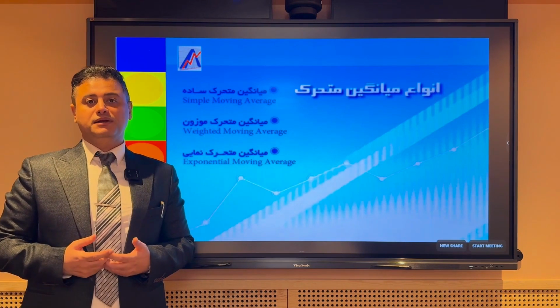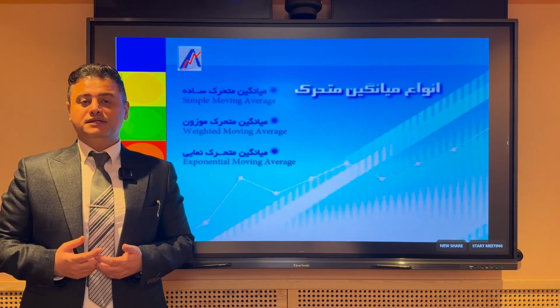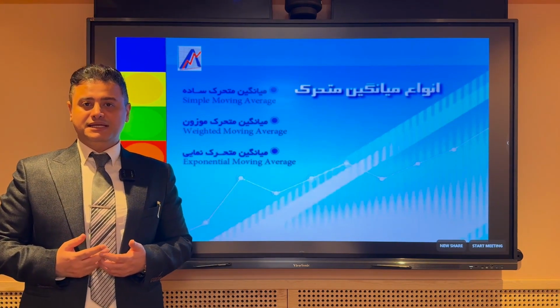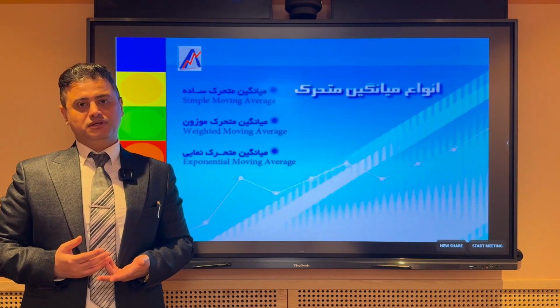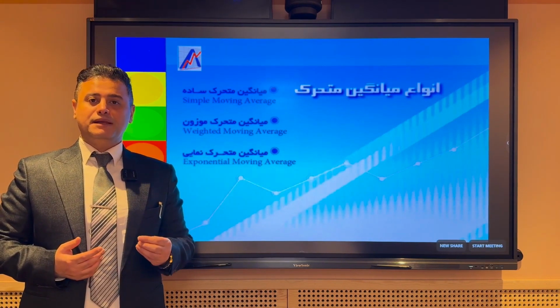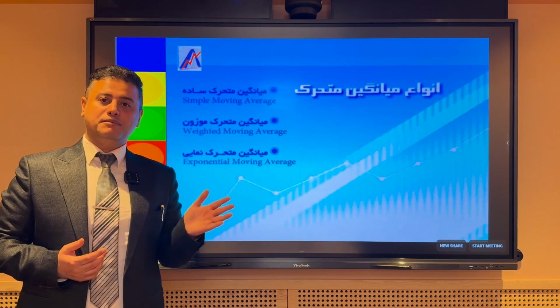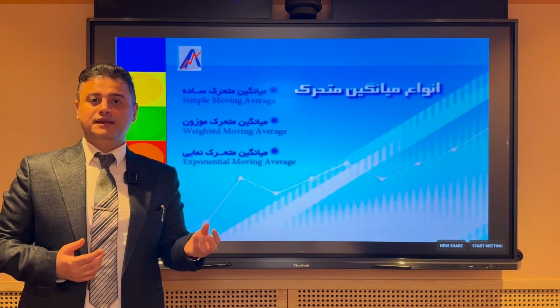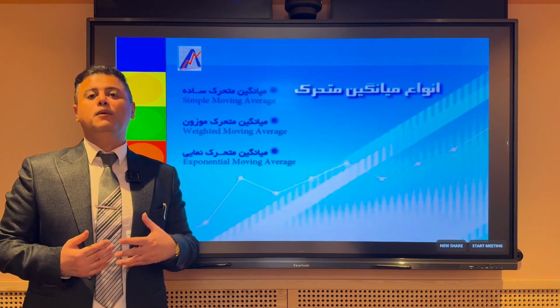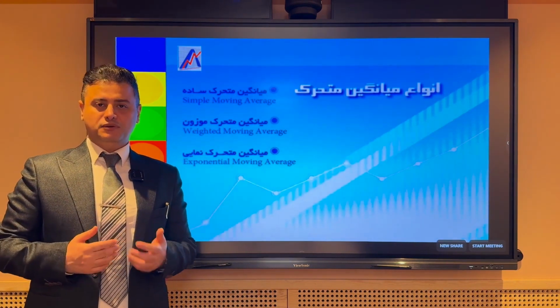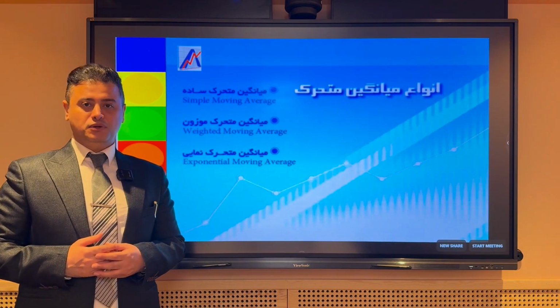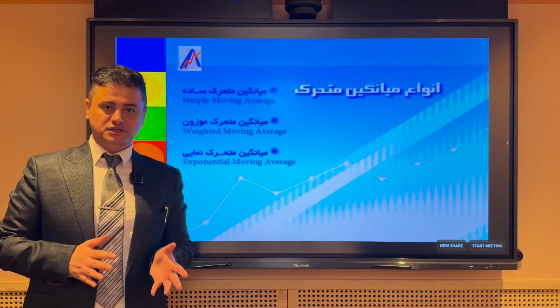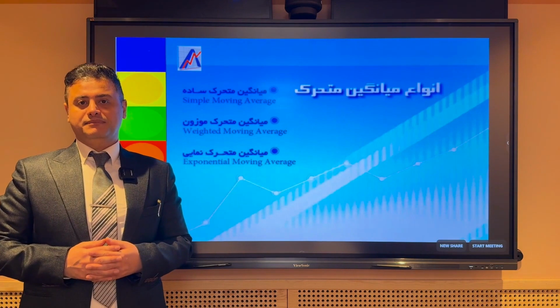Here, if you want to calculate the average, you first need to account for this weight, and then calculate the overall average. What does that mean, kids? It means you need to multiply each of the values related to each parameter by its own weight, and then divide by the total sum of the weights. Now, in fact, we will work on more examples of moving averages, first on Excel, and then on the actual software.